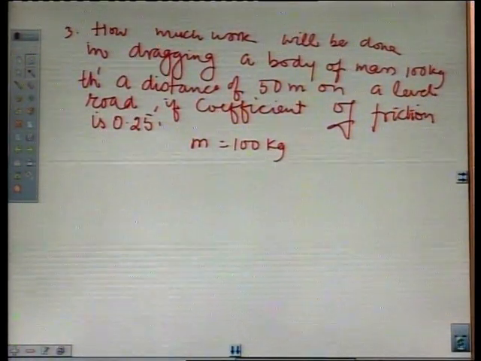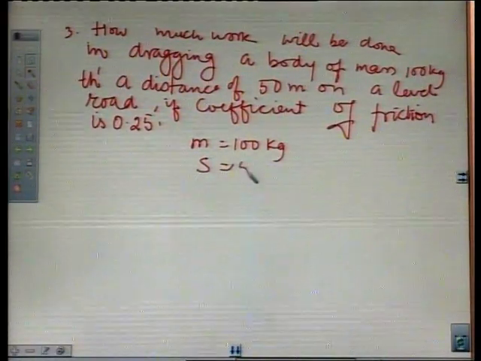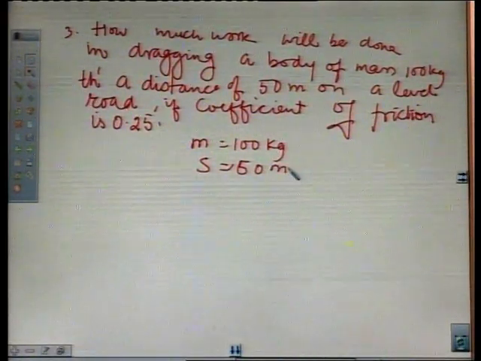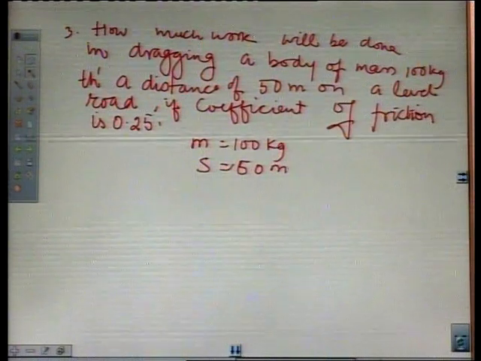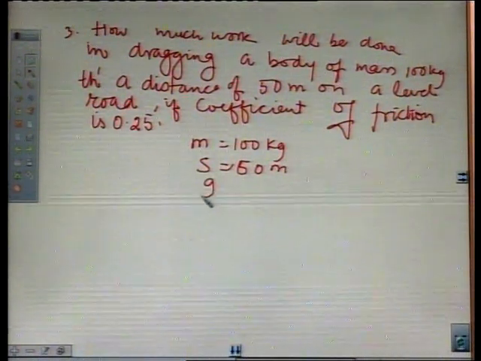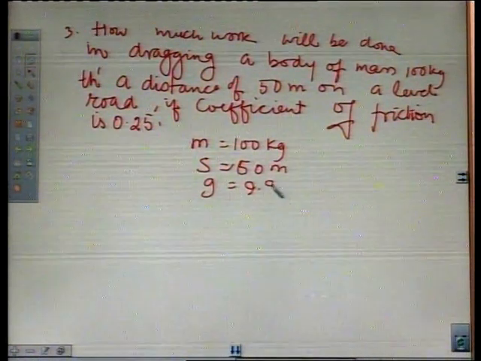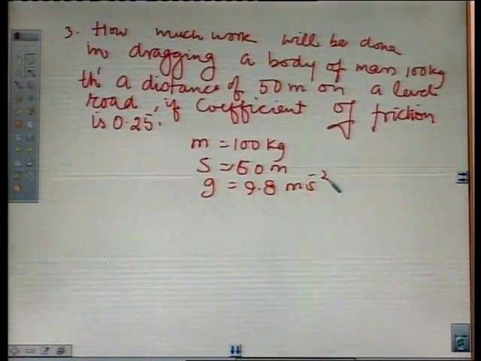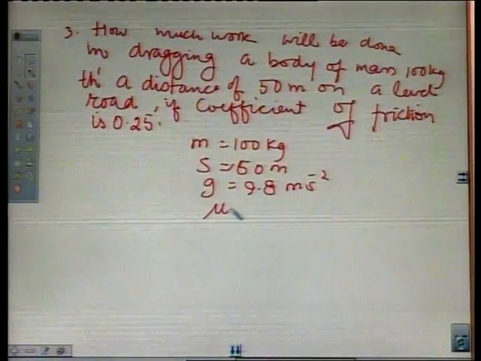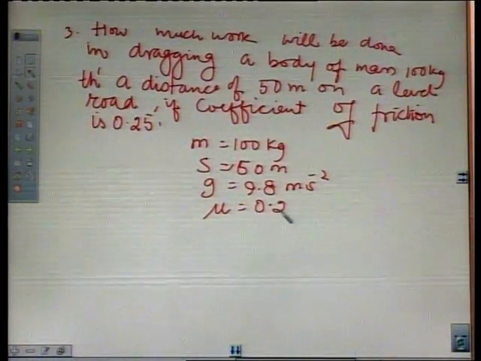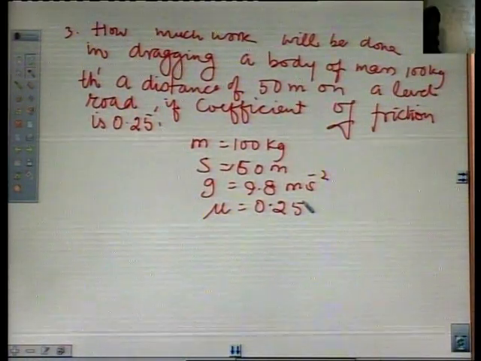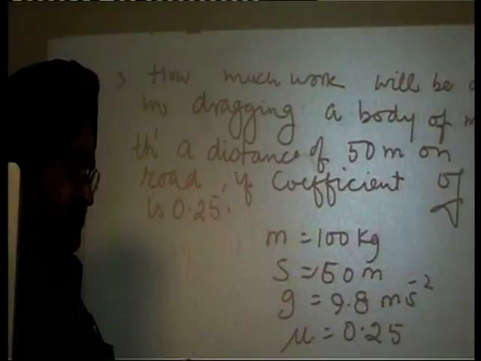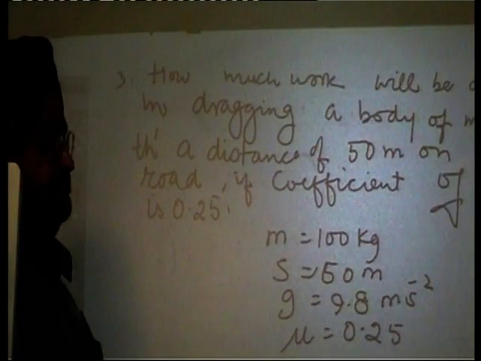Distance through which the body is to be moved is given as 50 meter. g you know is 9.8 meter per second square. Coefficient of friction mu is given to you as 0.25. So, these are the things that are given to us.